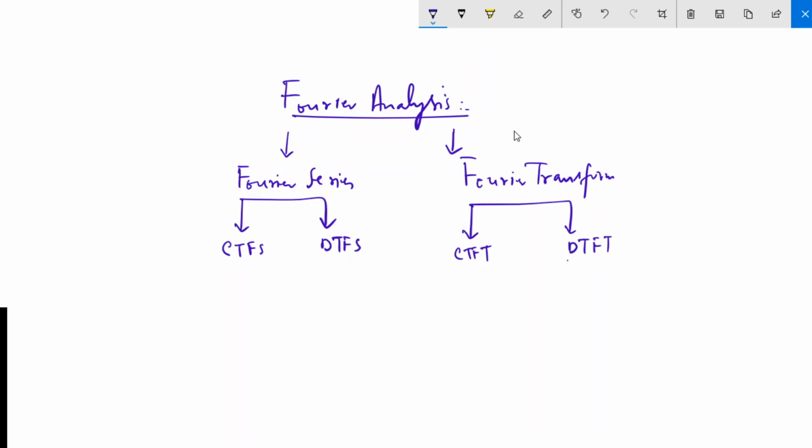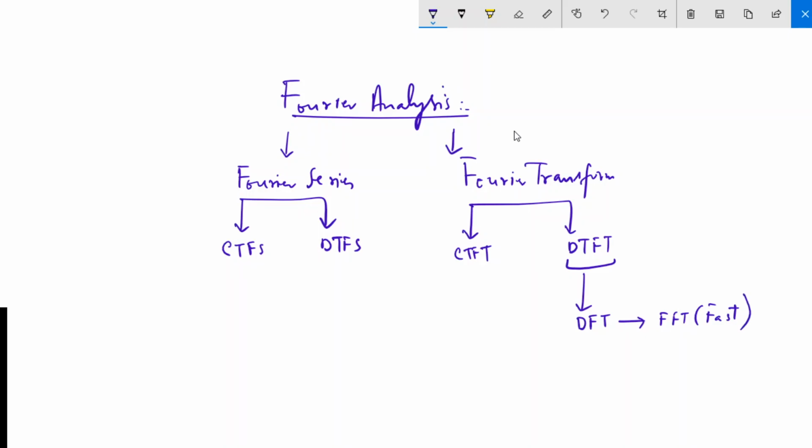Now from this DTFT we generate DFT, discrete Fourier transform, which is nothing but the sampling in the frequency domain. Okay, when you sample the discrete time Fourier transform, we get the DFT, and when you implement it using the FFT, that is fast Fourier transform, this is very fast implementation.